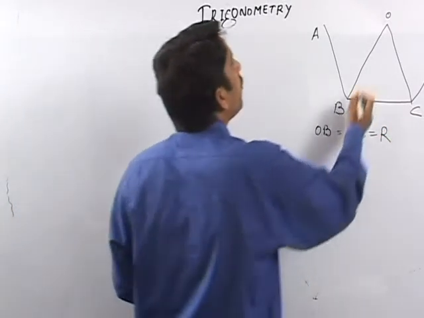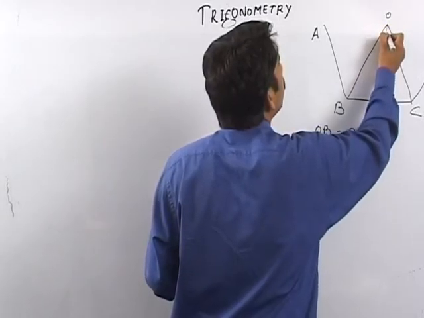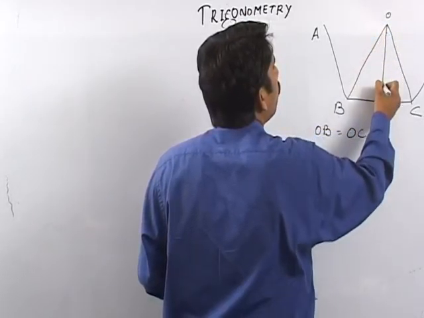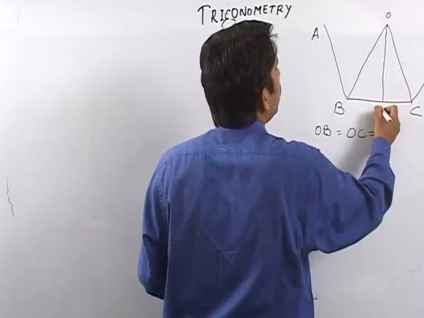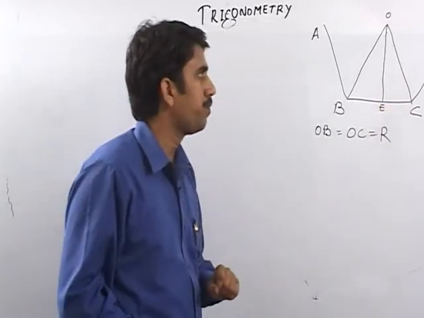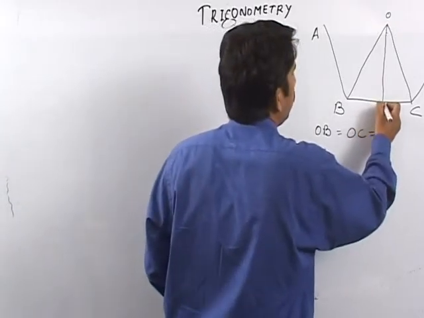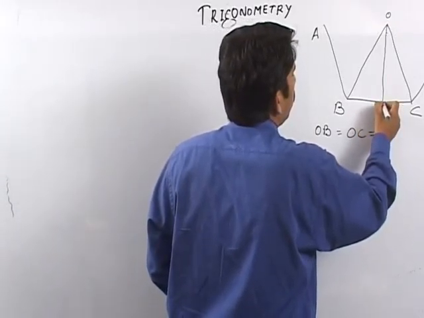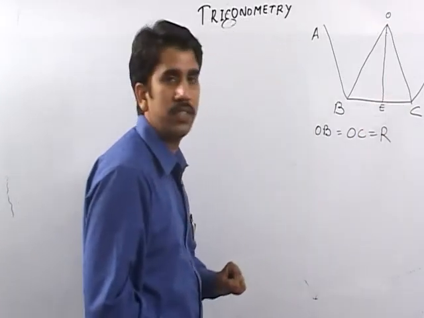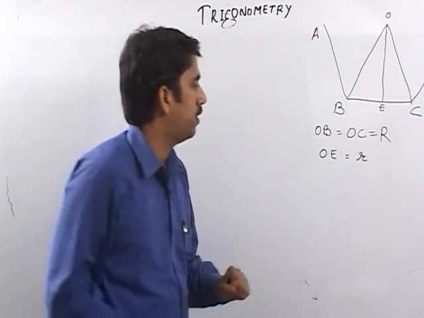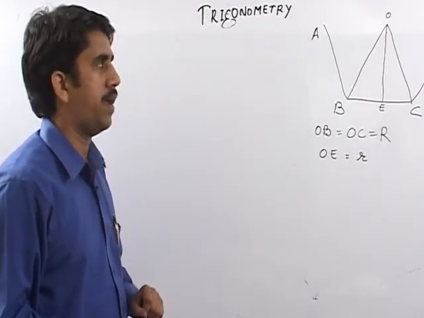And if we draw a perpendicular from point O on side BC, let this point be E. Then this point will bisect the side BC, and this distance OE will be the inradius, small r.